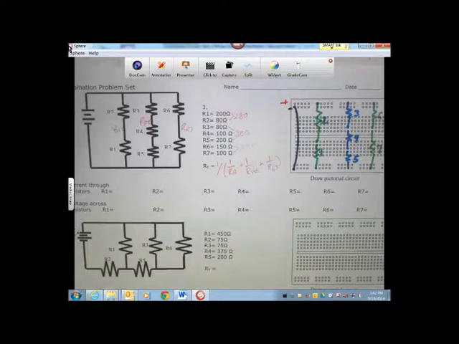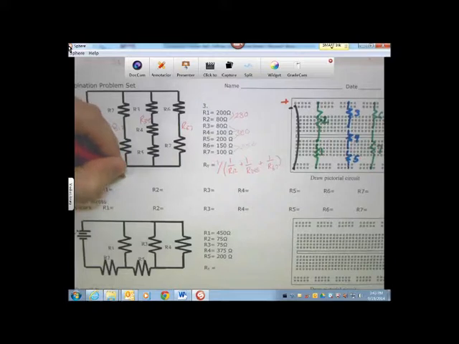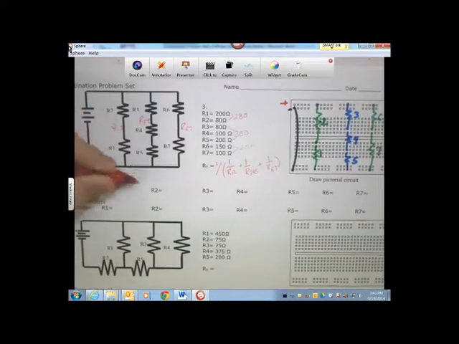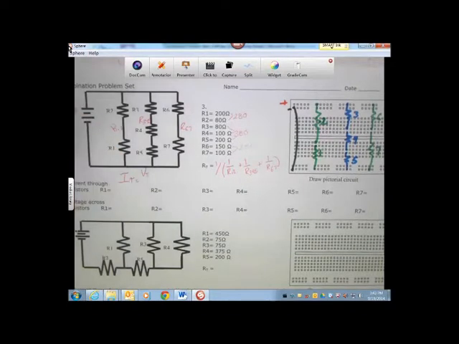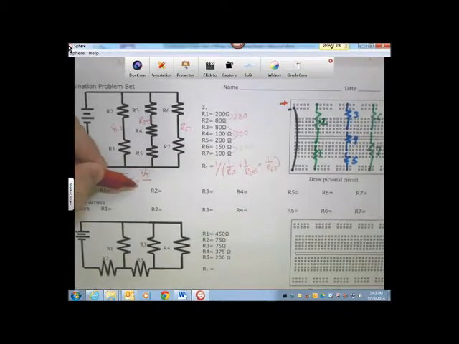Once I know that, I can then determine my current of my circuit. So I need IT, which is equal to VT, so 15 volts, over my RT.